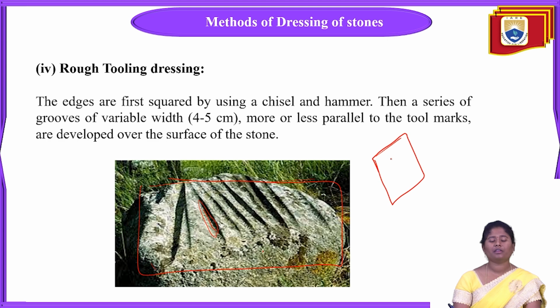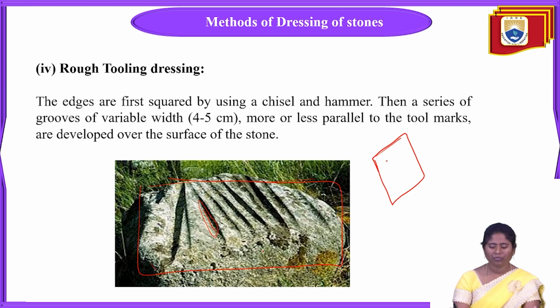And then a series of these grooves are to be given to the stone. Why? Because if these grooves are developed over the surface of the stone, when we use that stone in the bedding process, joint to joint, it will be easily immersed in that structure. That's why we give these grooves or drafts to the stones.